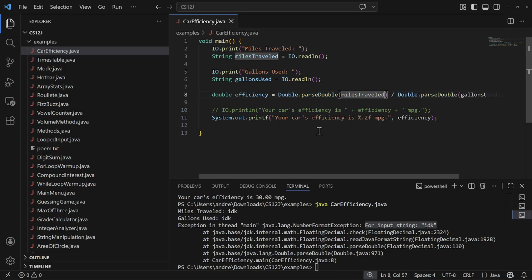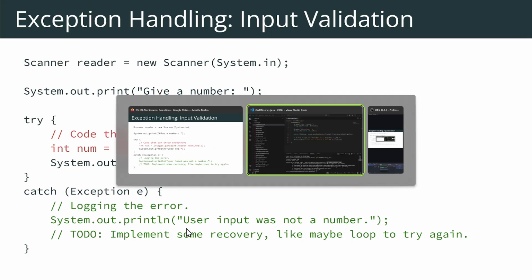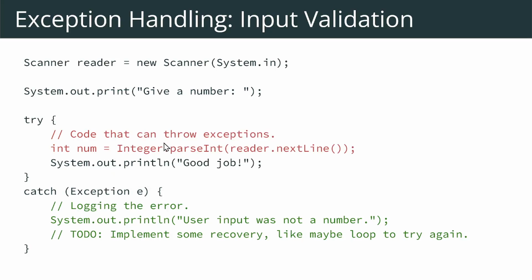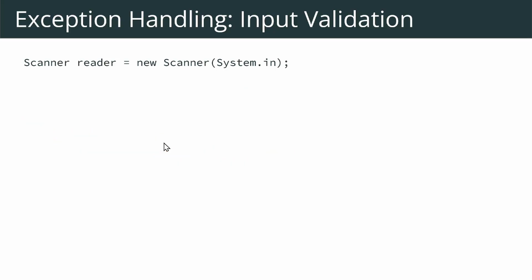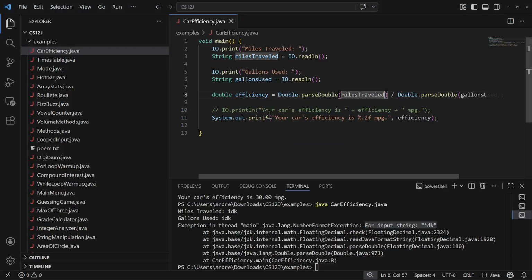All right, so it might be necessary to do some exception handling if you want to log the error or maybe implement some sort of recovery. The way we do that is by using a try catch. We would use a try block and put dangerous code into here.